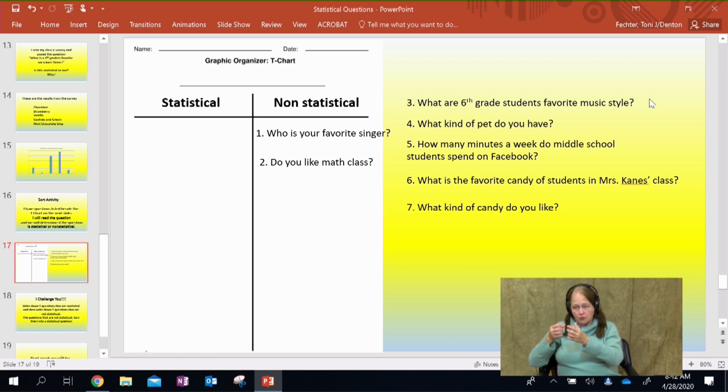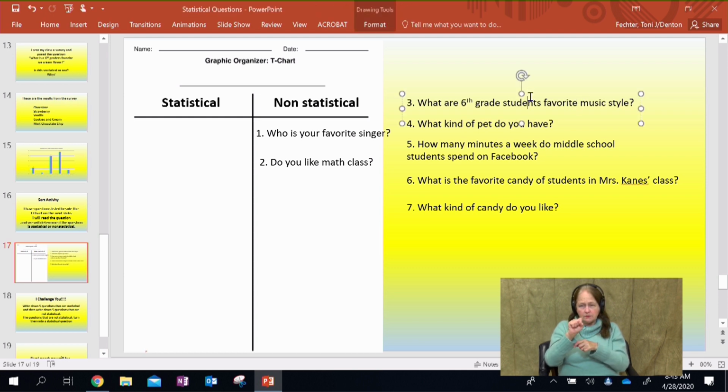And we're asking their favorite music style. Now think about this. They could say rock, could say country, they could say R&B, they could say pop, they could say anything that they wanted to there. So both criteria is met for this question, which makes it statistical.